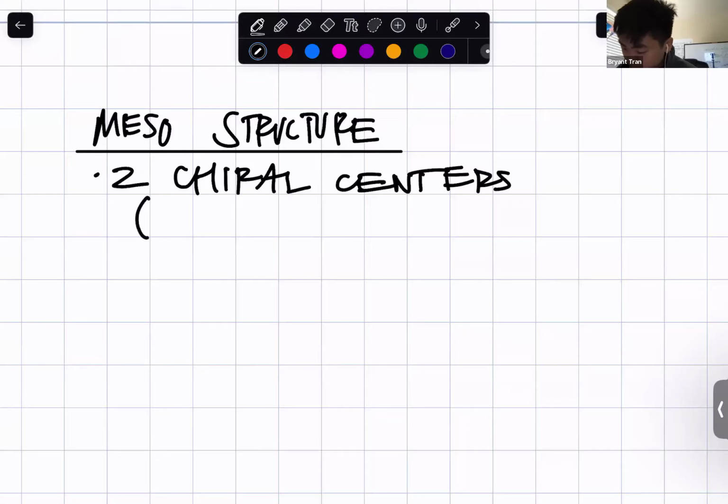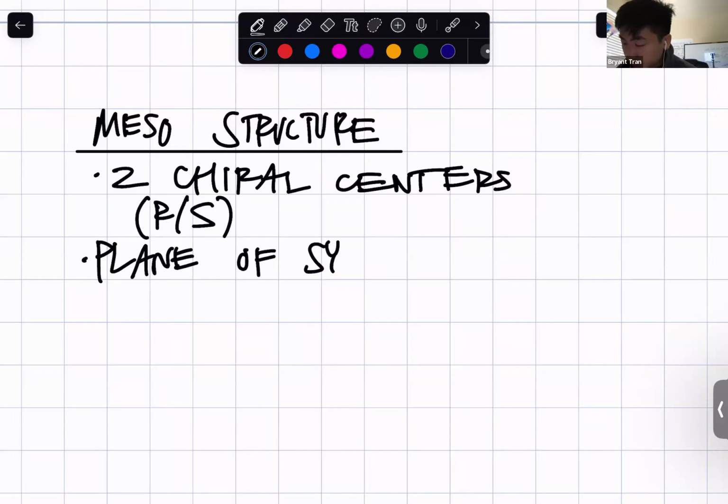One is going to be R and the other one is going to be S, and there will be a plane of symmetry, meaning that there is a plane or a line where the molecule is going to be identical or symmetrical on both sides of the plane.